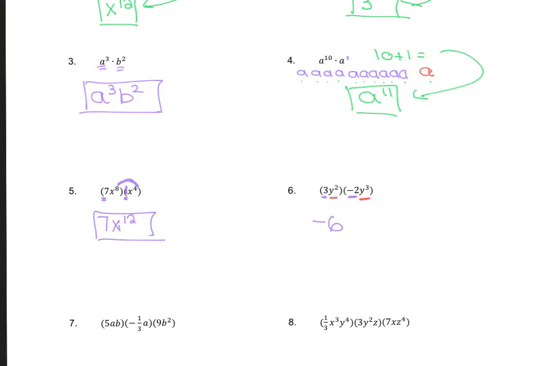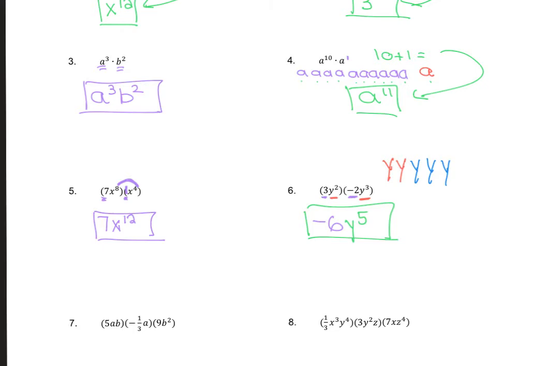If we want to do that same thing, we have y for the y to the 2nd, and then we have y for the y to the 3rd. So we see right there we have y to the 5th, okay? Or we know we have 2 y's, 2 plus 3, which gives us 5. So our answer is -6 y to the 5th.